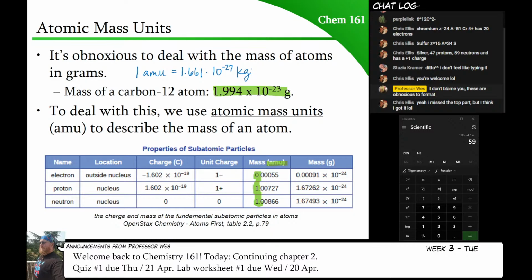That's the definition of one atomic mass unit, this number, 1.661 times 10 to the minus 27 kilograms, or minus 24 grams if you prefer grams. That's fine too. So if I converted this to kilograms, this number right here, and then divided it by 12, I would get this number.